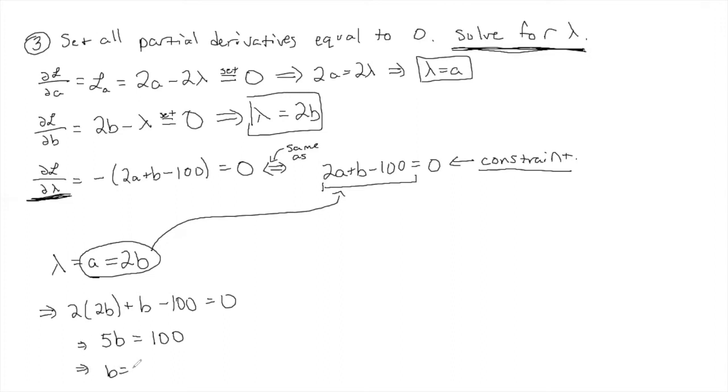So b equals 20. Great. Okay, if b equals 20, then what is a? Well, a equals 2 times b. This is 2 times 20, which is 40 in this case.